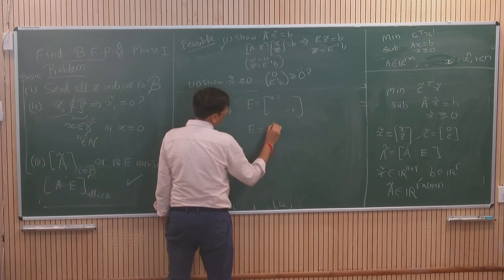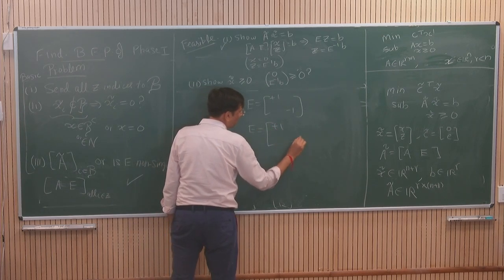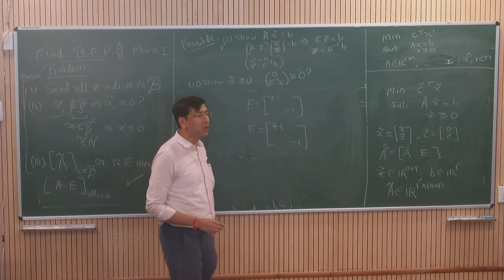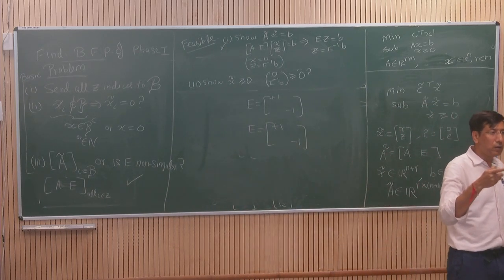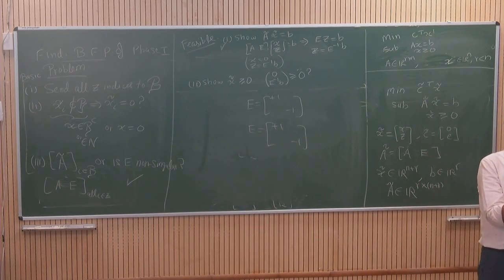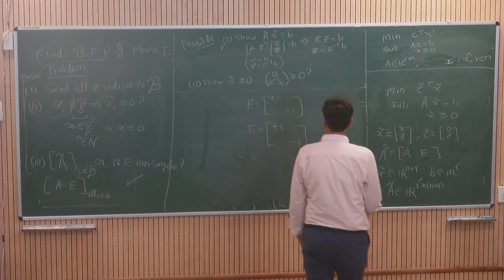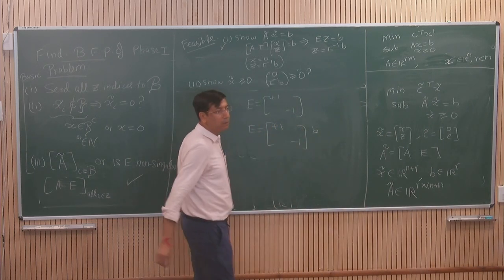The E inverse will remain a matrix with plus ones and minus ones, because the inverse of a diagonal matrix is the inverse of each diagonal element. So if you have plus 1, it will remain plus 1 on the diagonal. If it's minus 1, it will remain minus 1. If it was 4 on the diagonal, it will become 1 over 4 in the inverse, correct? So it will remain this, and this is multiplied with b.